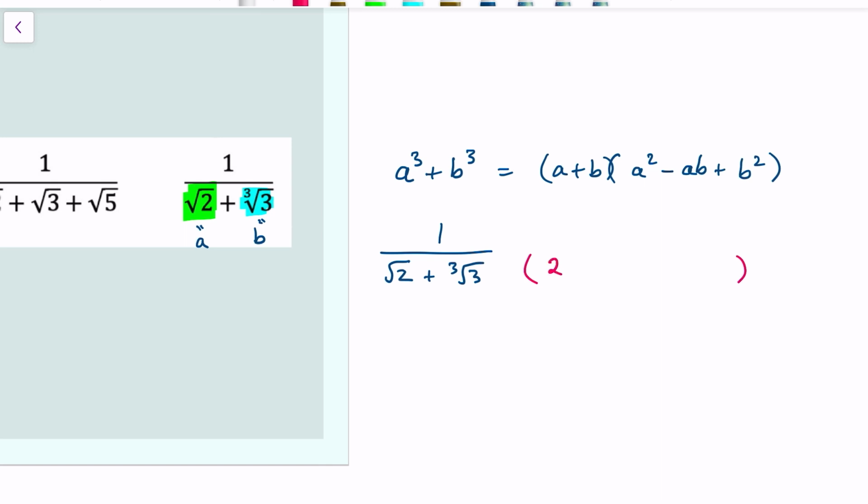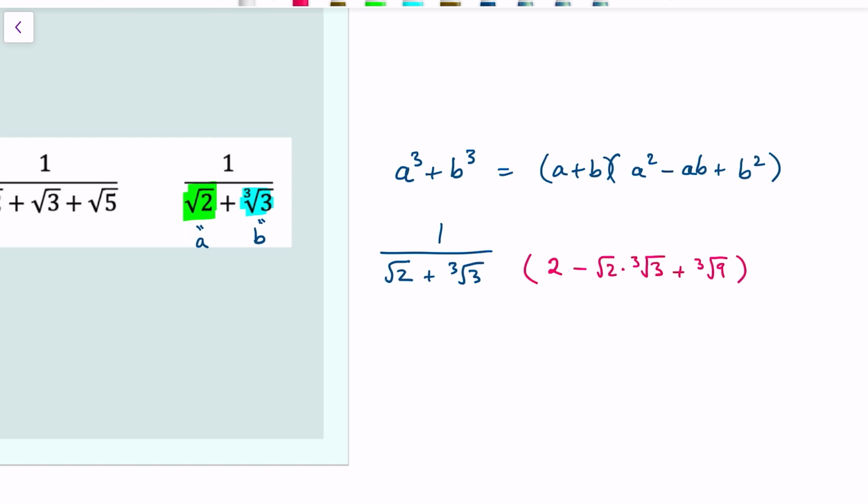I'm going to multiply it by ab, which is root 2 times the cube root of 3, which seems so weird to do that. And then the b squared term at the end, b is cube root of 3, so it's the cube root of 3 squared, which is the cube root of 9.